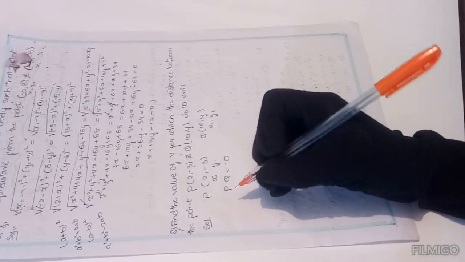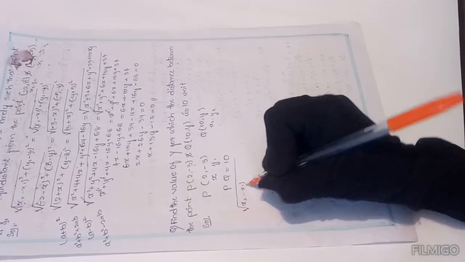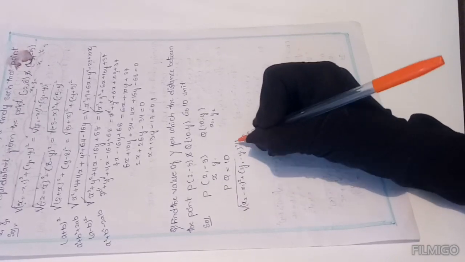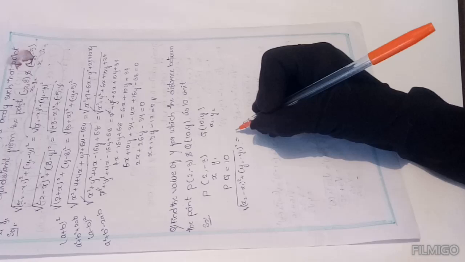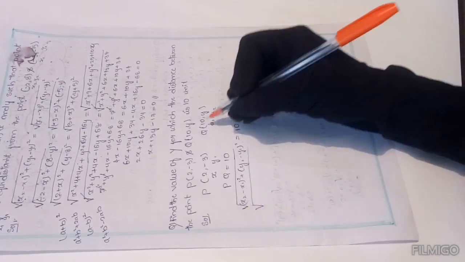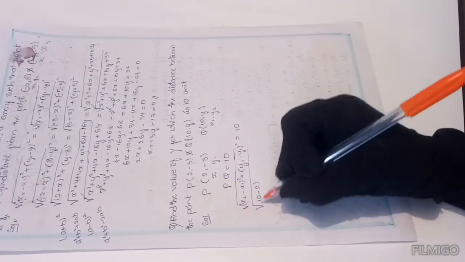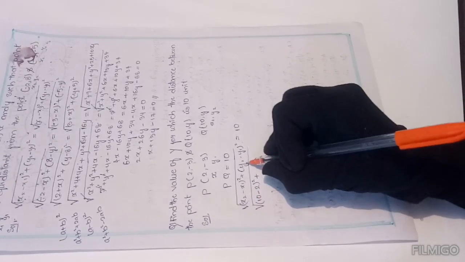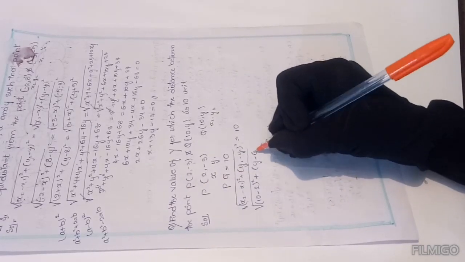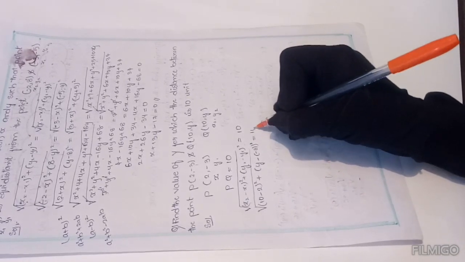So the formula to find the distance between PQ is the square root of (x2 minus x1) whole squared plus (y2 minus y1) whole squared, which is equal to 10. Under the root, the value of x2 is 10 minus the value of x1, which is 2, squared, plus the value of y2, which is y, minus the value of y1, which is -3, squared, equals 10.